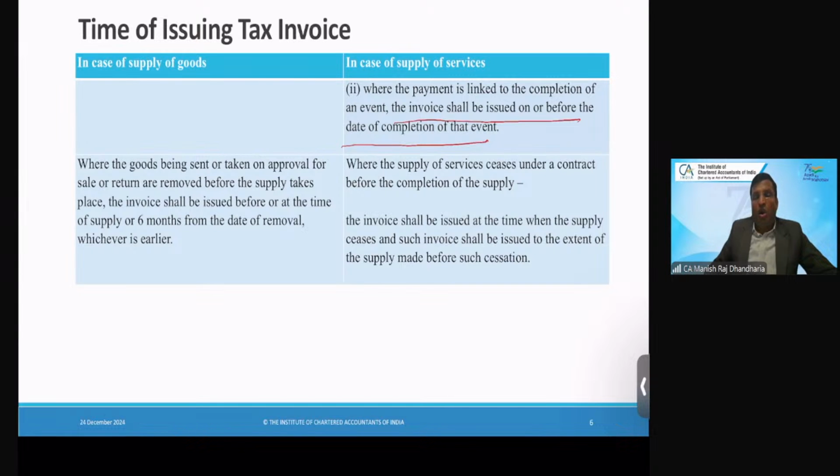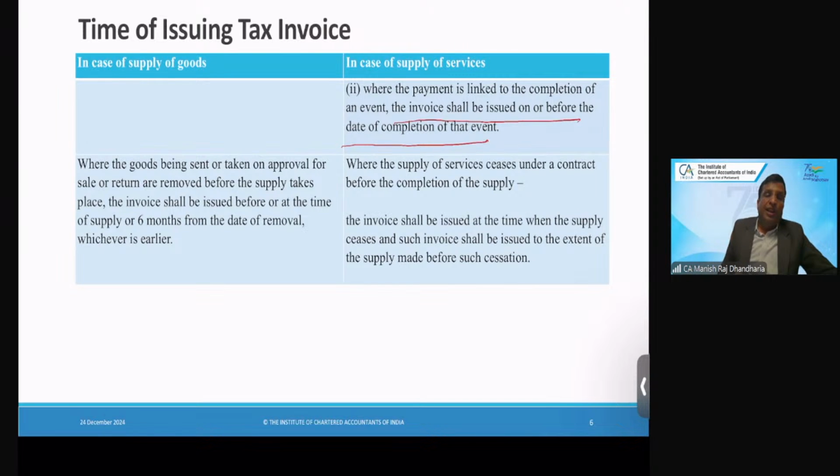Okay. और जब सप्लाई हो गया, then definitely we have to raise the invoice. Okay. So first scenario क्या हुआ, रेसिपिएंट ने गुड्स देखा और उसने ओके कर दिया और गुड्स रख लिया. तो जब उसने ओके कर दिया, इट मींस क्या हो गया, उस वक्त सप्लाई हो गया. और अगर सप्लाई हो गया तो इन दैट केस वी विल रेज द इनवॉइस.